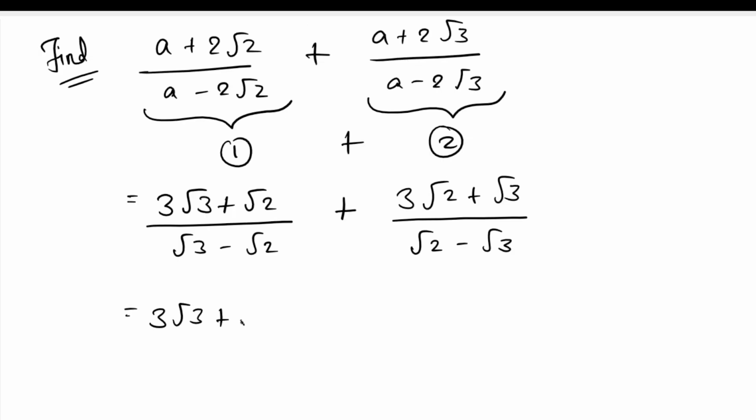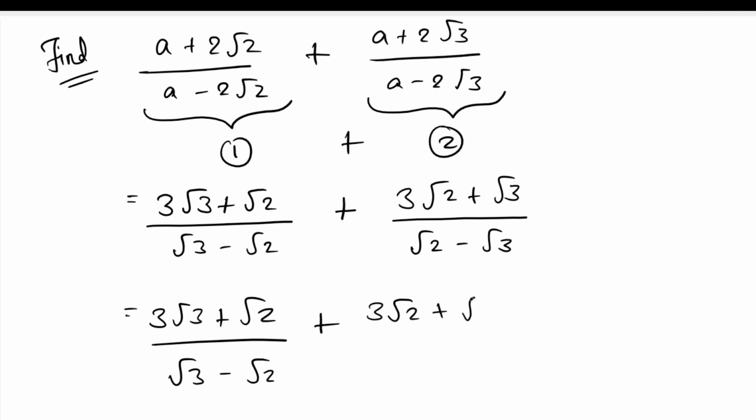Here I am taking minus out as common in the denominator. If I take minus outside as common, we'll get root 3 minus root 2. So if you multiply the minus, you'll get minus root 3 and plus root 2.